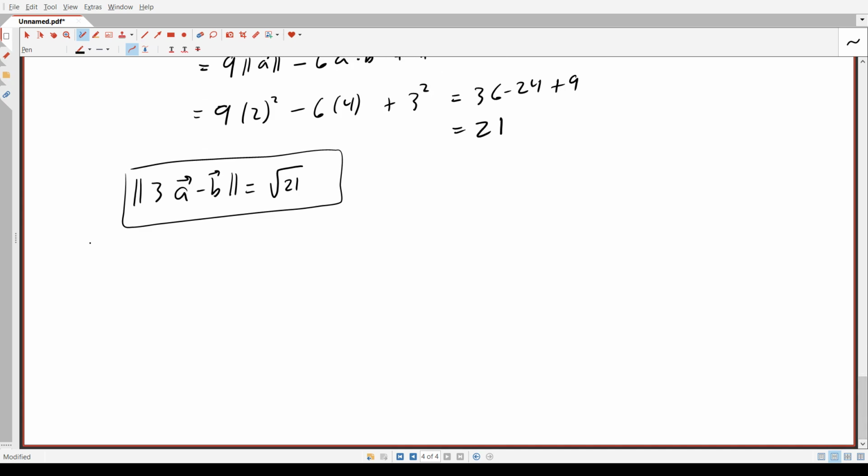Okay, same sort of thing, except for a plus 2b dot 3a minus b. So this is number 11. Okay, so I do exactly the same thing.